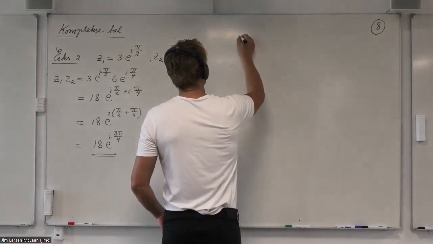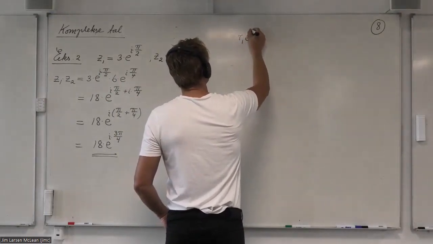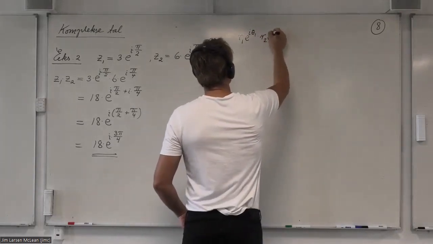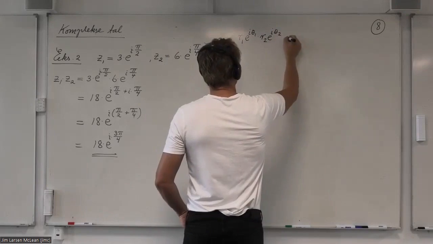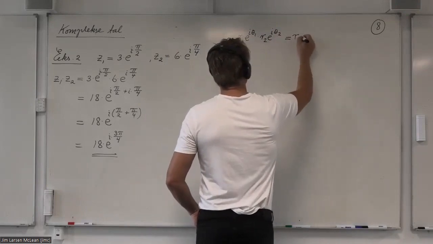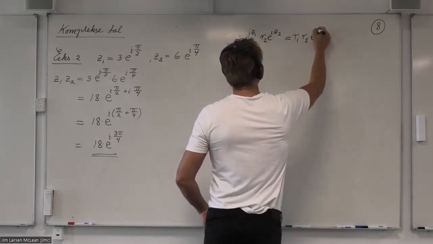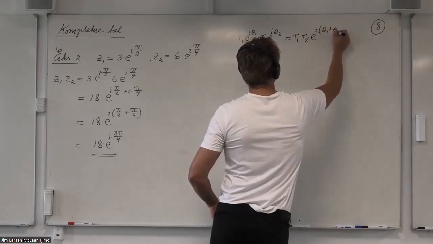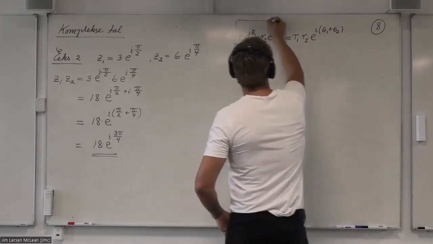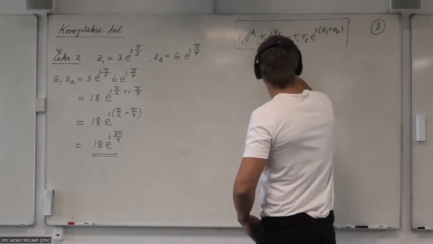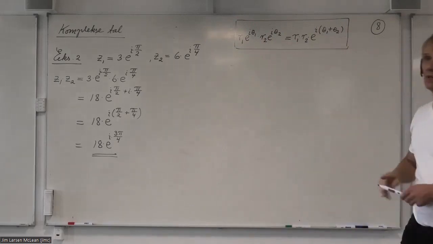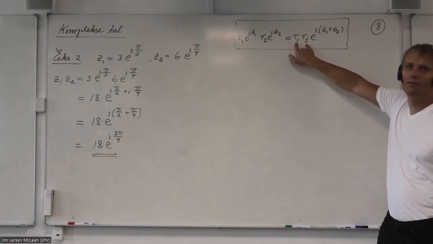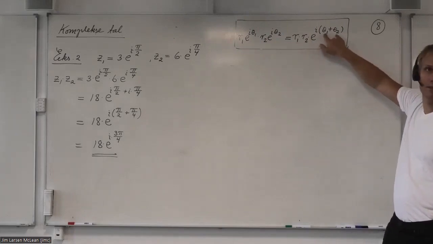Because if you have r1 times e to the power of i theta 1, and you multiply by r2 times e to the power of i theta 2, it results in r1 times r2 times Euler's number raised to i times theta 1 plus theta 2. And here it says, when you multiply two complex numbers, their magnitudes are multiplied and their angles are added together.